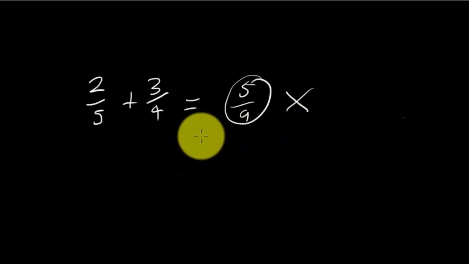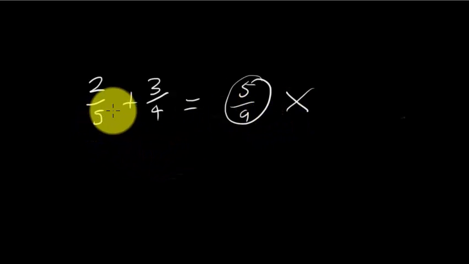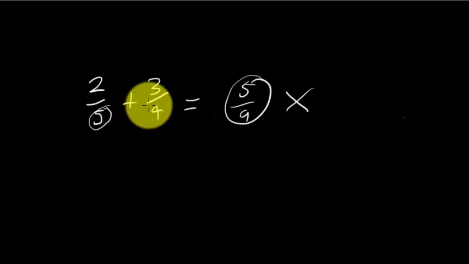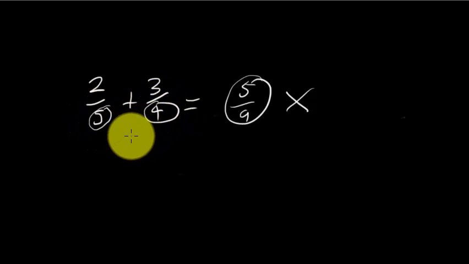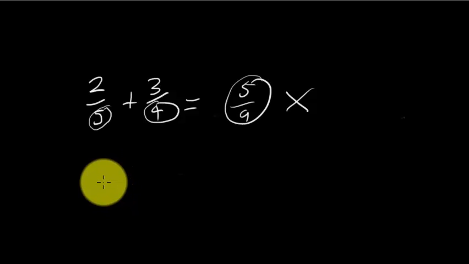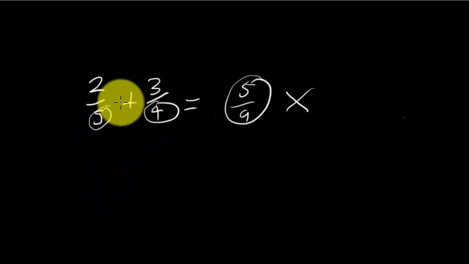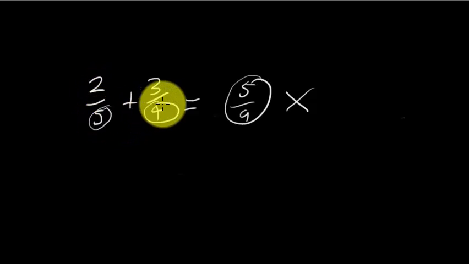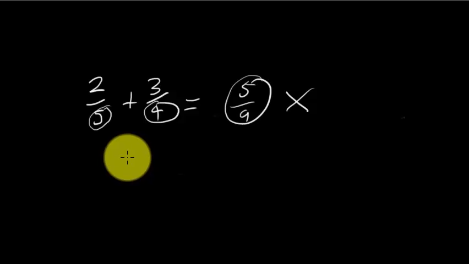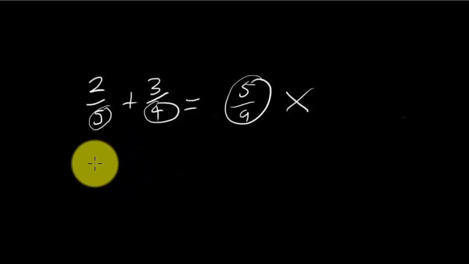Big cross there. What we need to do is work out a common denominator by multiplying 5 by 4. And as you would work out, it's 20. So we convert 2 over 5 and 3 over 4 to use the denominator of 20.